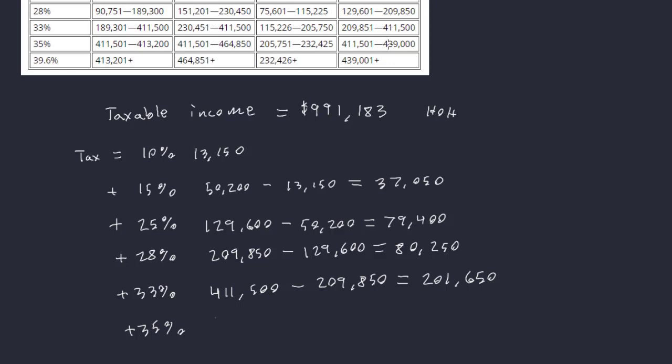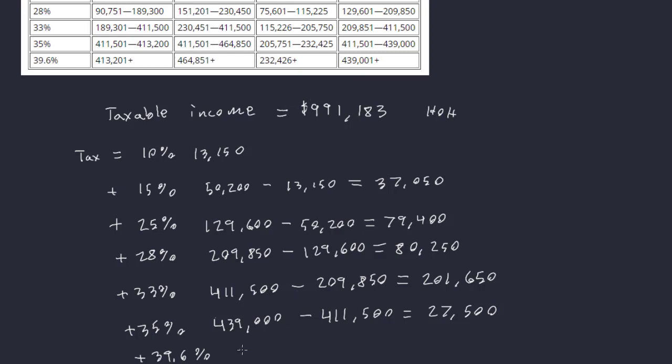This second to last tier stops at 439,000. So take that 439,000 and subtract this 411,500 to get 27,500. And then we're at the last tier, which will be 39.6%. And that's everything above this 439,000.